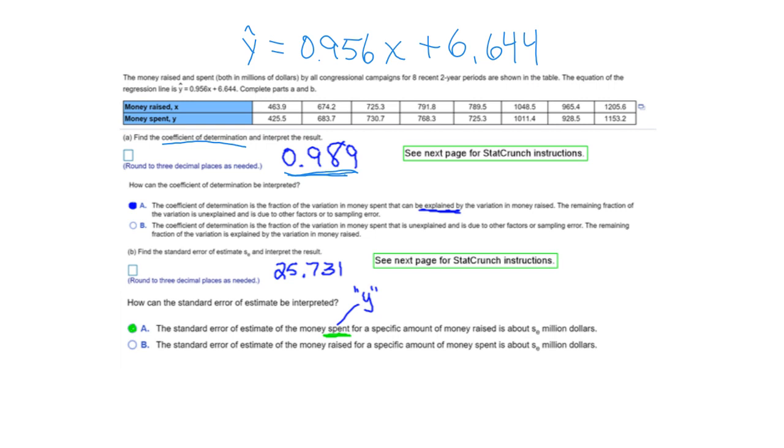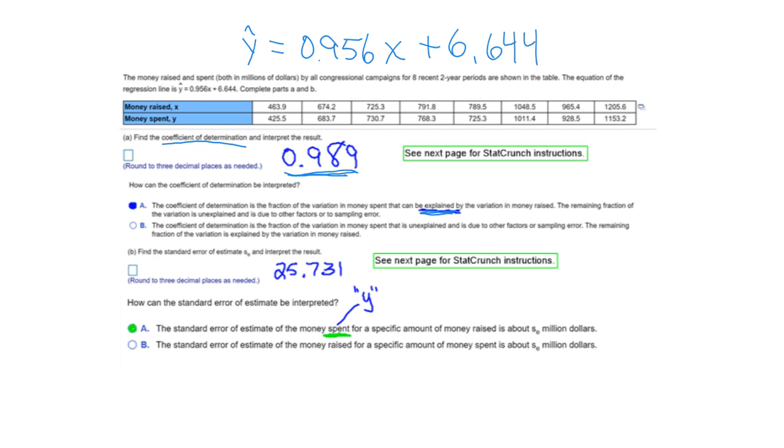So remember that coefficient of determination is the fraction of variation that can be explained. Okay? The second part here is unexplained, but when we're looking at the coefficient of determination, we're talking about the fraction of the variation that can be explained. And so we're looking at y being explained by x.